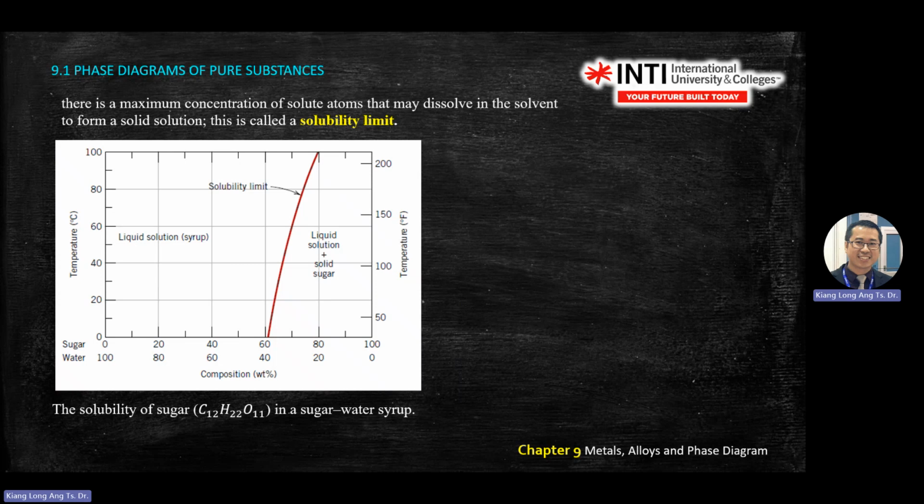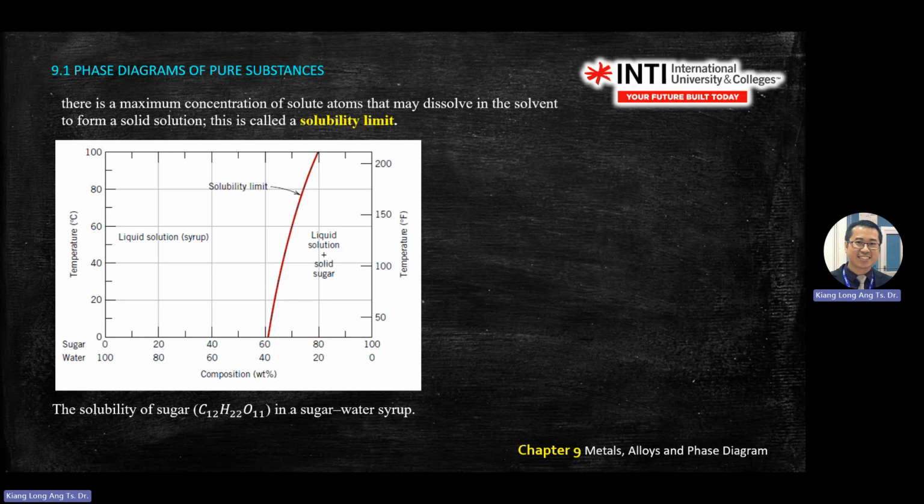There will be a percentage of sugar that can dissolve inside the water. That is called the solubility limit. After it reaches the solubility limit, even though you add more sugar, you will see other sugar inside the solution.